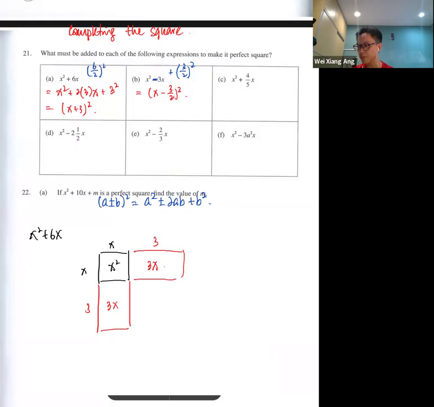You see this big gap in the corner here? What must I add to this so that it becomes a perfect square? I need to add a square with a side of length 3. So I needed to add 9, which is what I did here.